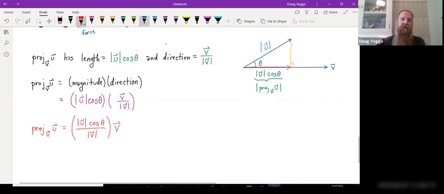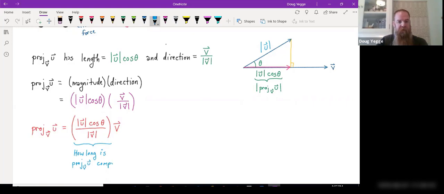The benefit of writing the projection in this format is that we can see how long the projection is compared to v. I should put it underneath the scalar multiple part. This value describes how long the projection is compared to v.